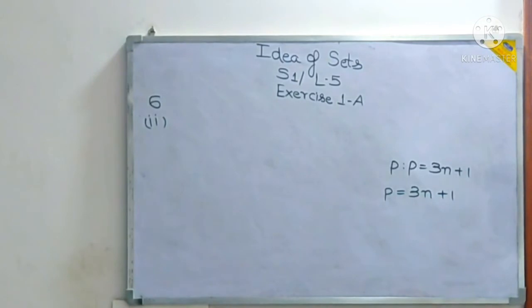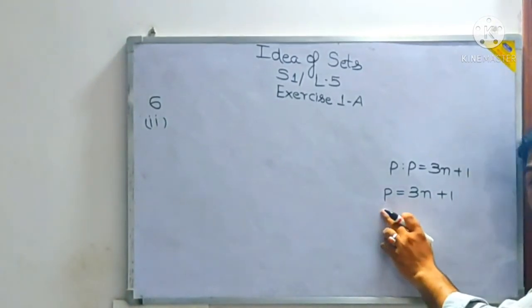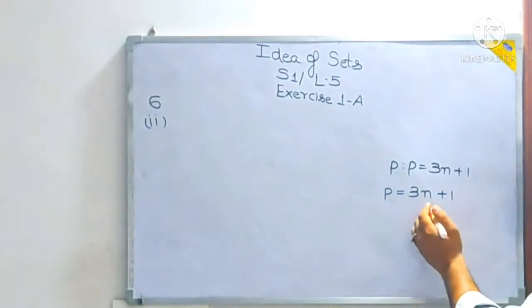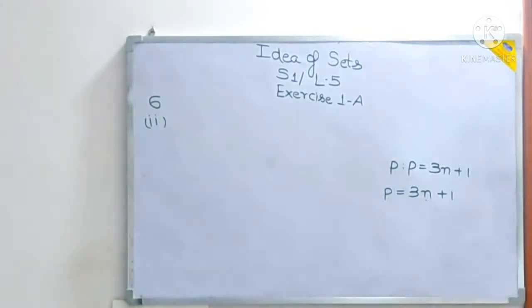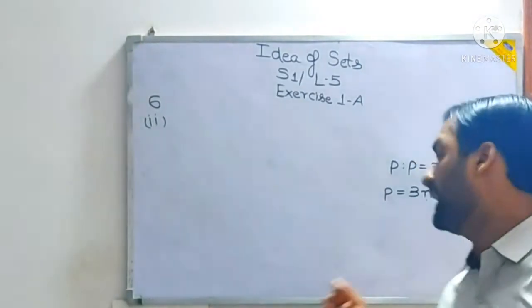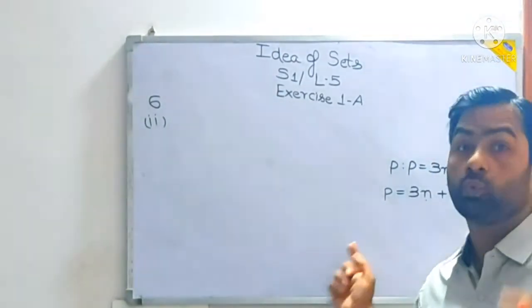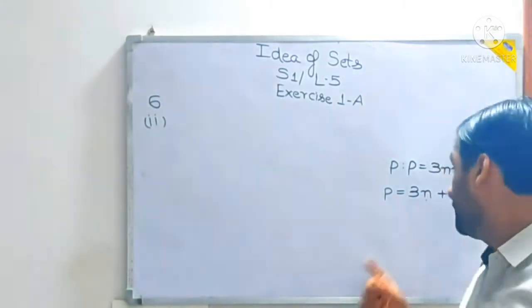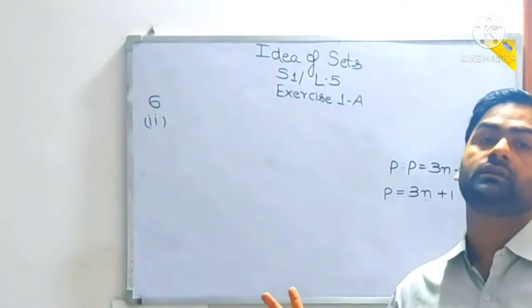Now, don't you feel that the value of P is decided by the value of n? We are free to choose the value of n, but once we fix the value of n, the value of P is fixed.